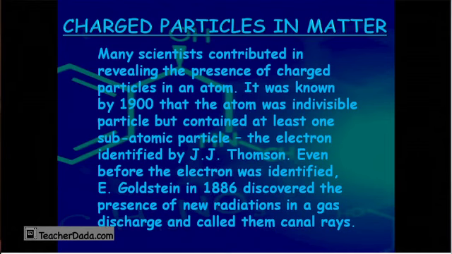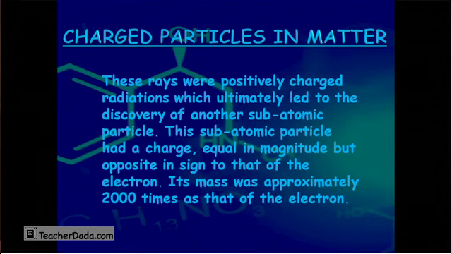Even before that, the scientist E. Goldstein in 1886 discovered the presence of new radiations in a gas discharge tube and called them canal rays. These rays were positively charged radiations, which ultimately led to the discovery of another subatomic particle. This subatomic particle had a charge equal in magnitude but opposite to an electron, that means a positively charged particle.